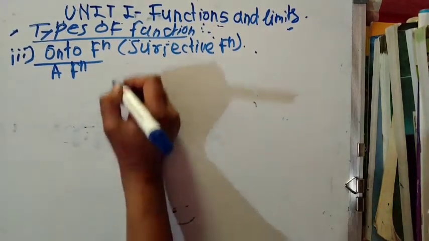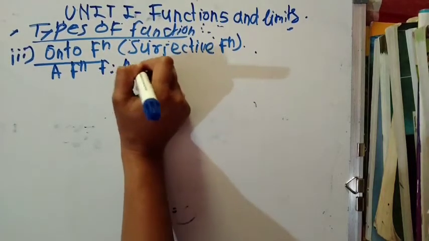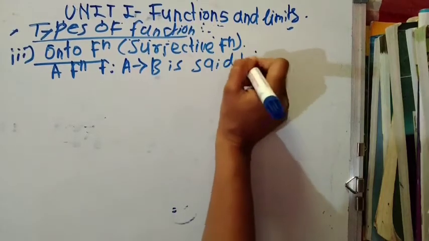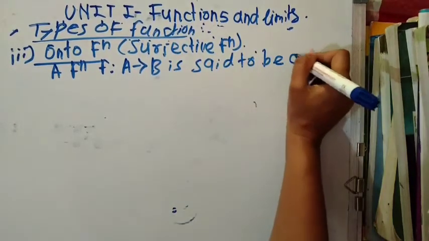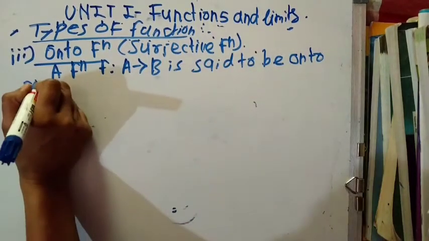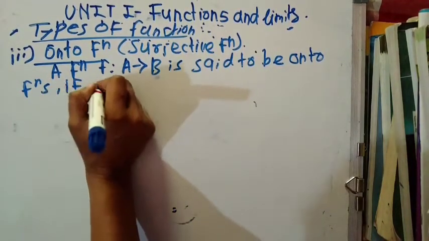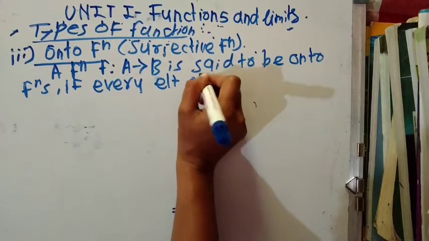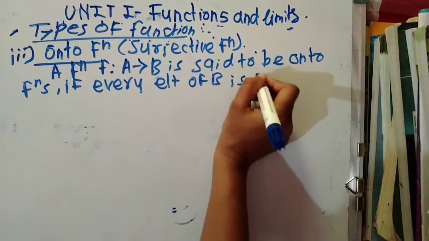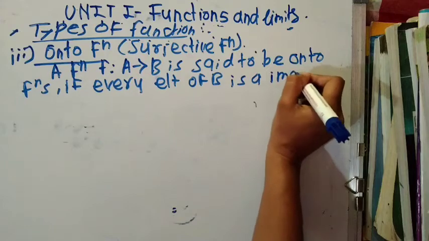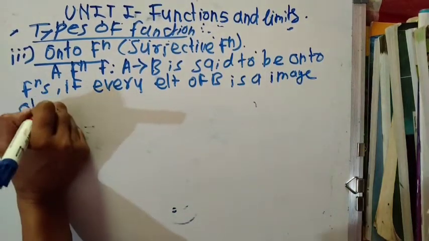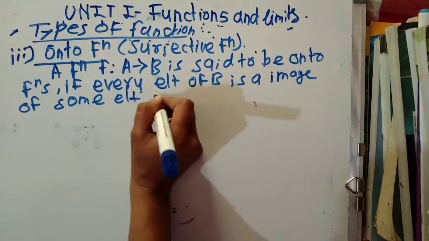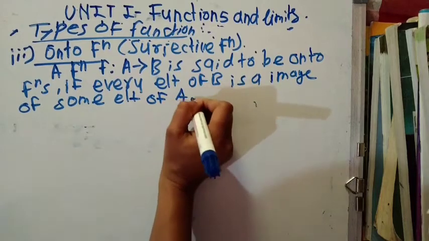Let a function f from A to B be said to be an onto function if every element of B is the image of some element of A.